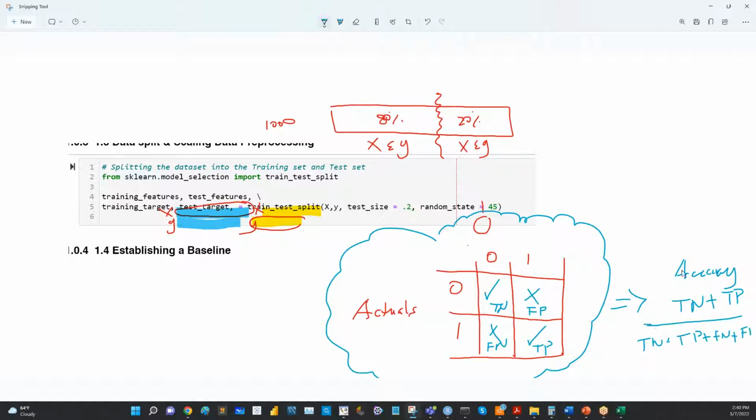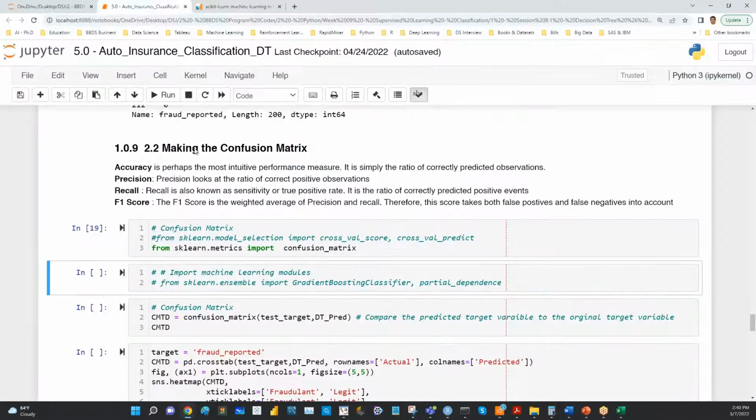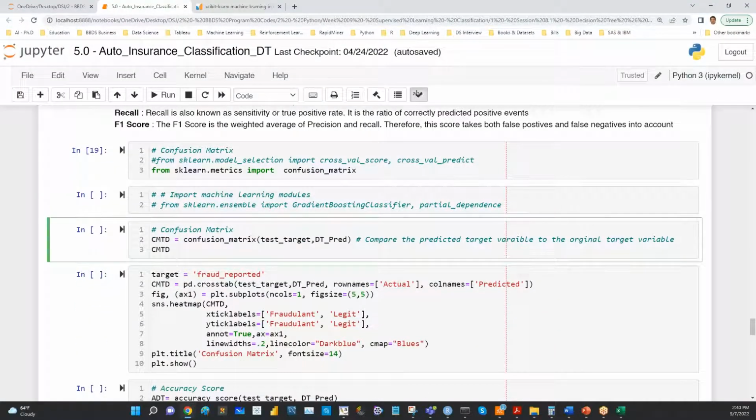So this is the formula; you want a percentage closer to 1. Now we are going to run the confusion matrix to compare the column that we hid from the model, the actuals, and the column that the model generated.